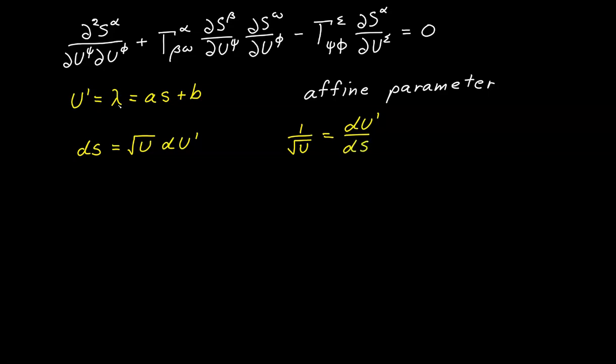Well, if we choose lambda as our parameter instead of u1, then the derivative of lambda with respect to s, according to this relationship, is just the constant value of a. Now what this tells us is that our volume element, the square root of u here, is a constant provided we choose an affine parameter for our parameter instead of u1.